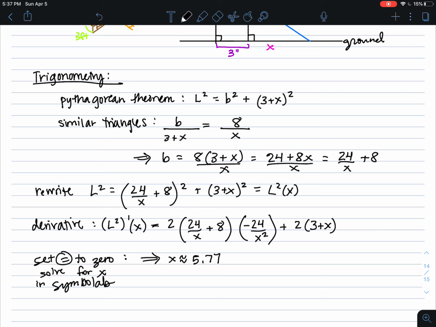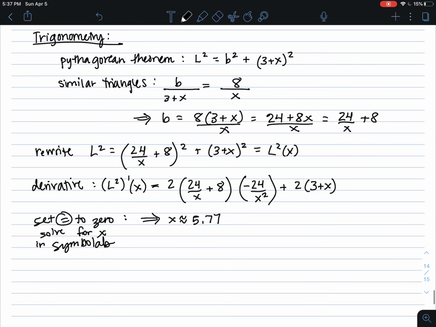All right. Now we need to just confirm that this is a minimum value. And in this case, because I don't want to take a second derivative of this function, it's just going to get more disgusting, I'm going to use the first derivative test. Which, if you guys remember, was where we used a number line and tested values on either side. So we have x approximately equal to 5.77 as our critical point.